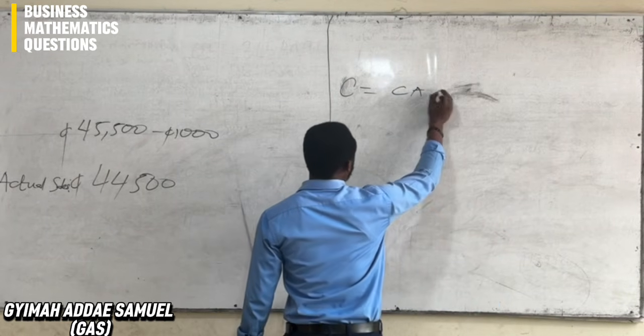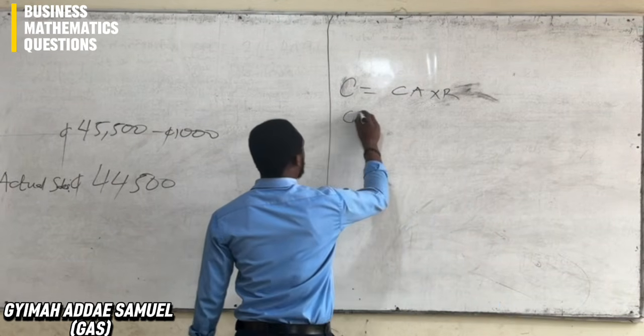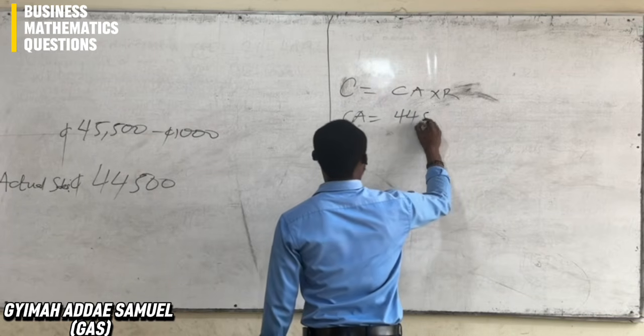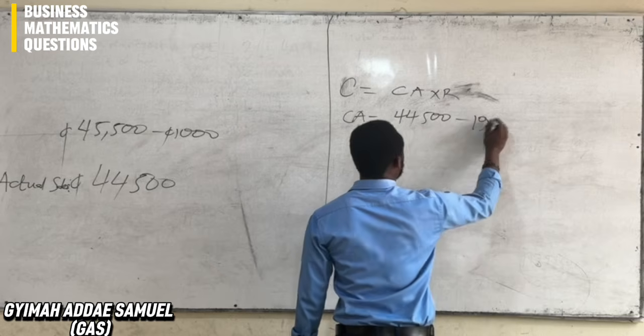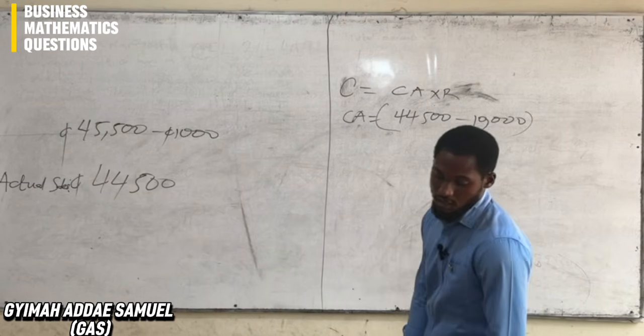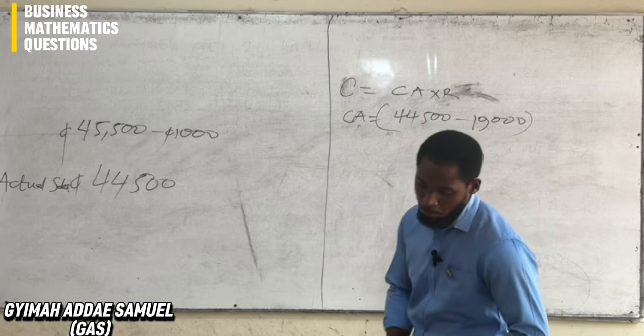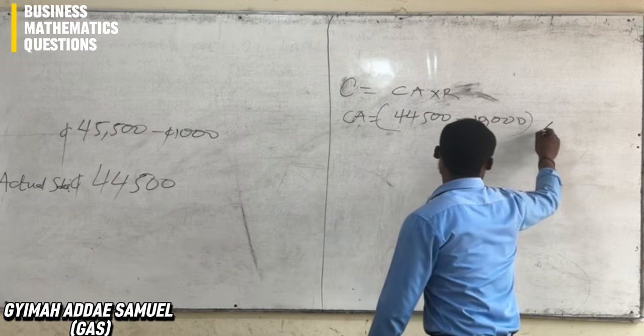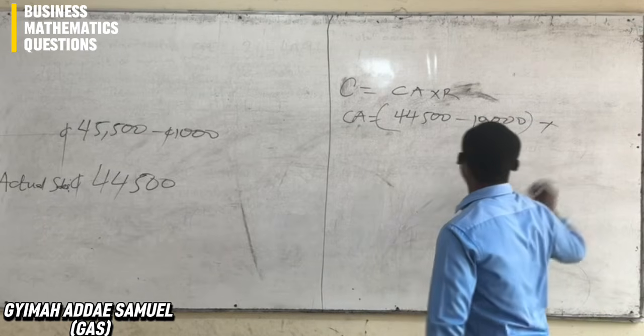As I said, commission is calculated on a commission amount. So commission amount therefore becomes the actual sales, which is the 44,500, minus the quota, which is the 10,000 Ghana cedis. And we would have to multiply our rate by this as well.